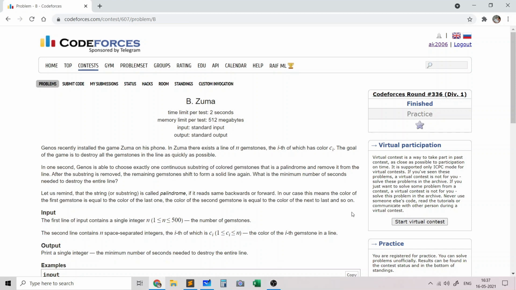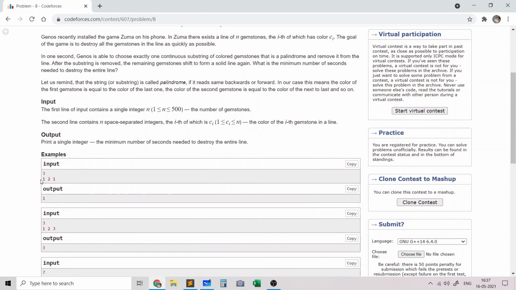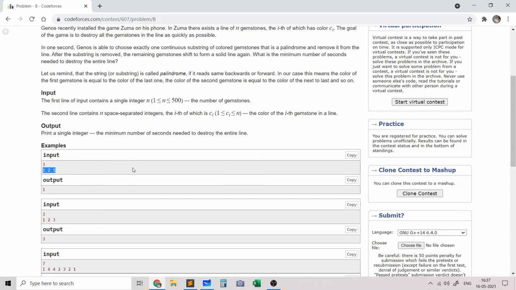So let's look at the 3 sample test cases. In the first sample test case, we are given 3 integers 1, 2 and 1, and there will be only 1 second required to destroy the entire line because the input array is a palindrome and we could destroy the whole array in 1 second.